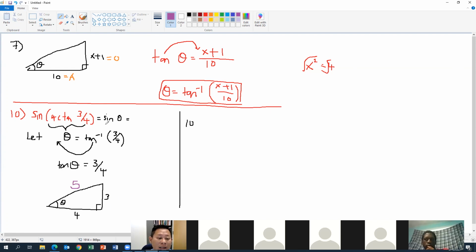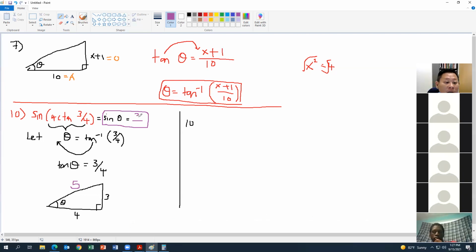So can you tell me what is your sine theta here using your triangle? Sine is what over what? Opposite over what? Hypotenuse. So what is your sine theta in this case? It will be 3 over 5. So what is this answer? Your answer will be 3/5.